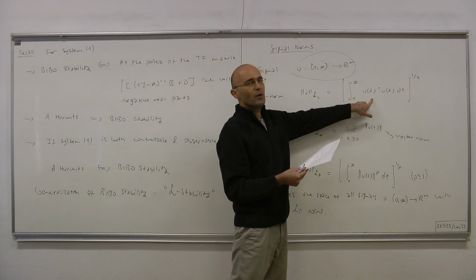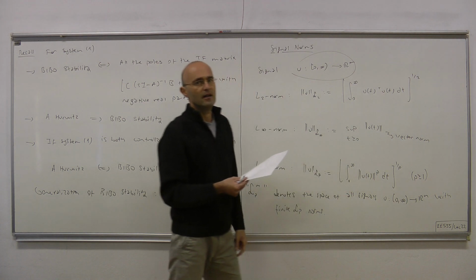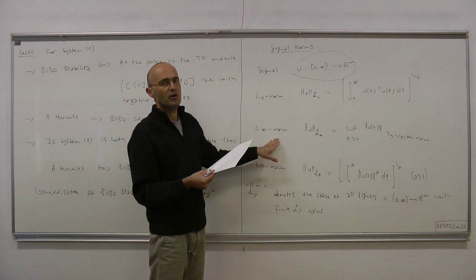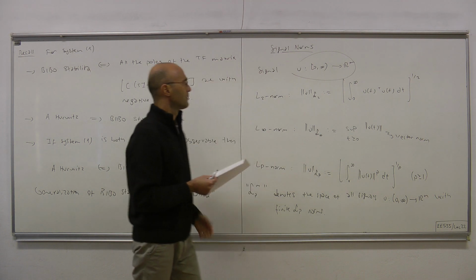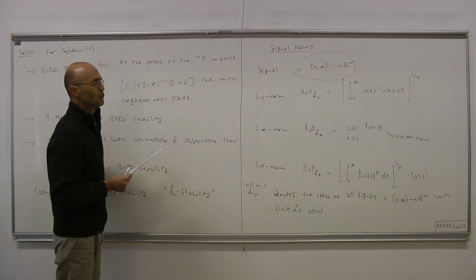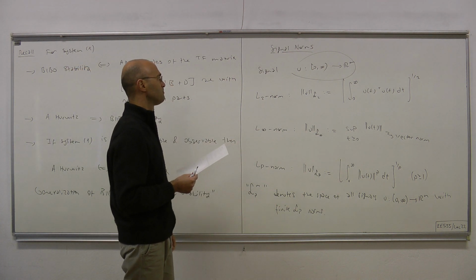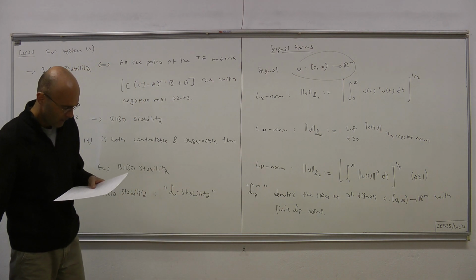Whereas here, what you have is you're integrating 1 from 0 to infinity. Therefore, the result is infinity. So you have a finite L infinity norm for a signal, but that may result in an infinite L2 norm for the same signal. So we don't have equivalence between the signal norms. So that's something to keep in mind.